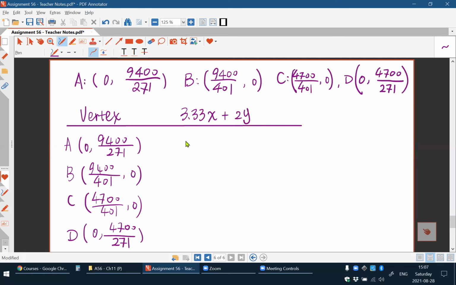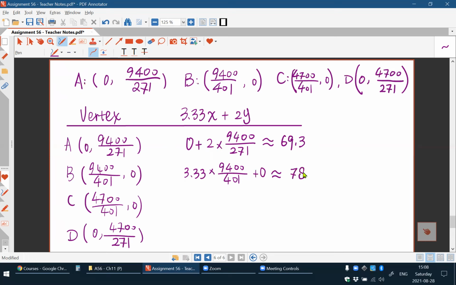So at point A, this value is 0 plus 2 times 9400 over 271, which is approximately 69.3. At point B it is 3.33 times 9400 over 401 plus 0, which is approximately 78.1.